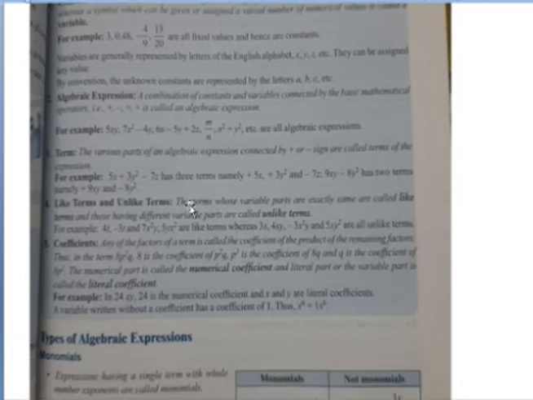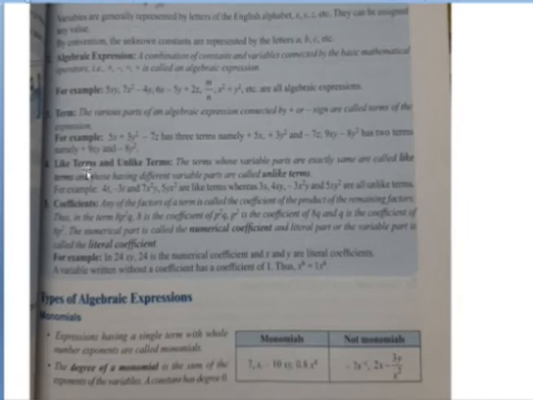And what are the like terms and what are the unlike terms? In like terms, variables have similar powers, like here 4t, the power of t is 1, and here 3t, power of t is 1, and here 7x square y, 5x square y and yx square.